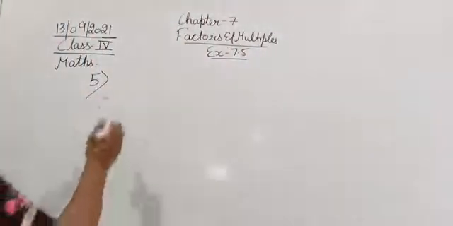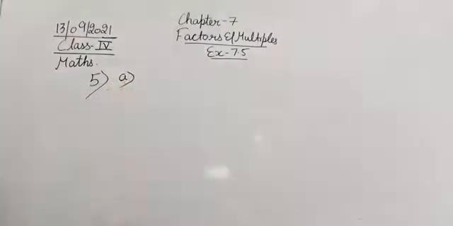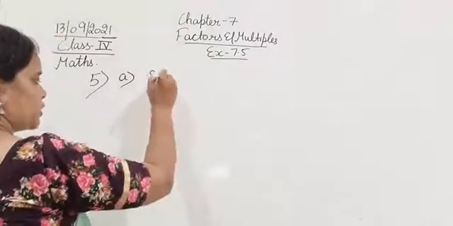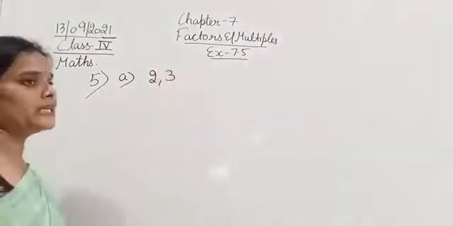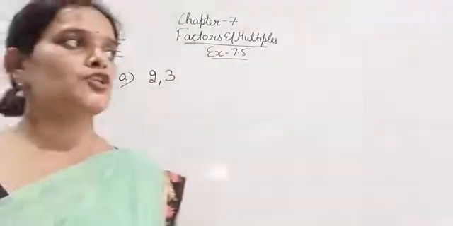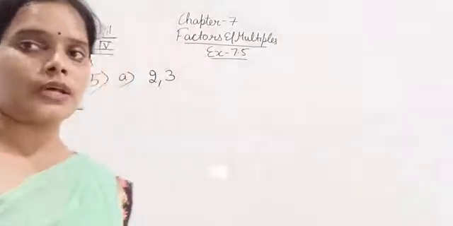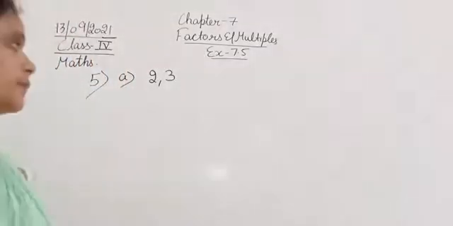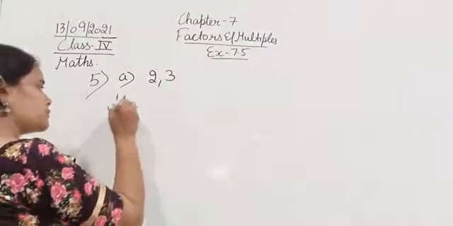So the first, the A part, is 2 and 3. So we have to find the common multiples and the least common multiple of 2 and 3. Okay, so let's find out the multiples of 2.